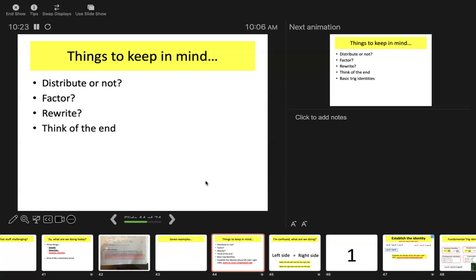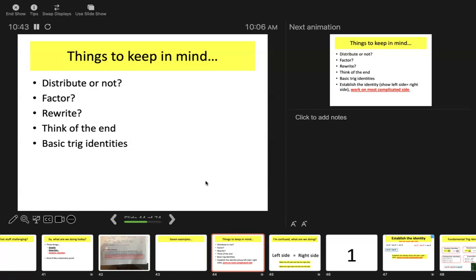So when you're doing all of the top three, always think about where you're going. And that kind of typically points you in the direction you might want to go, right? You also have to have a good command of your basic trig identities that speeds things up. If you've got to think this through, that what was one? Was that sine squared plus tangent squared, or was it sine squared plus cosine squared?